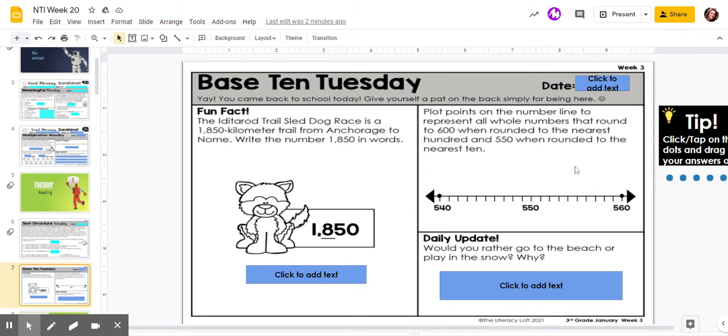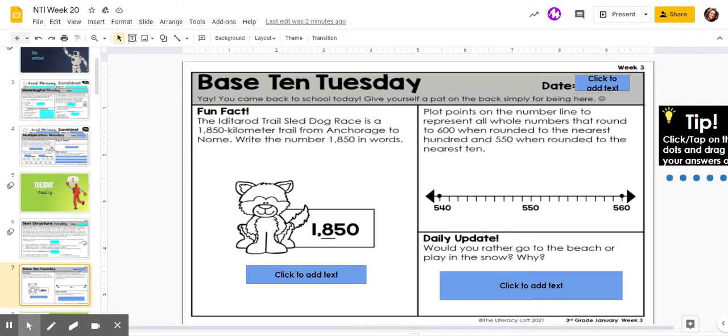So not all of these numbers round up to 600 or up to 550. Only some of them do. So I will tell you, look at the numbers between 540 and 550. Some of these numbers round up to 550. Remember to look in the ones place.